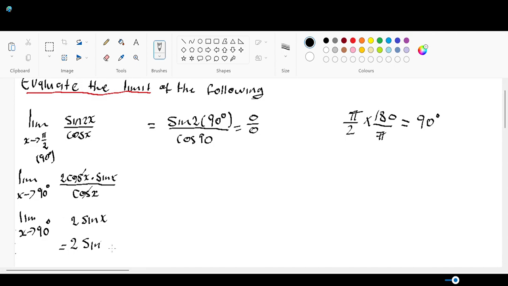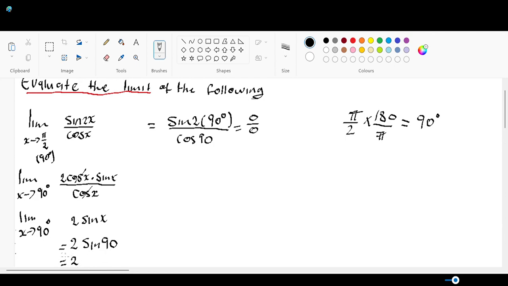And be careful, guys, make sure that your calculator shows degrees on your screen there. If it doesn't write degrees, it will show the capital letter D there. So that's when you can use this. Sine 90 equals 1, multiplied by 2, so the answer is going to be 2.